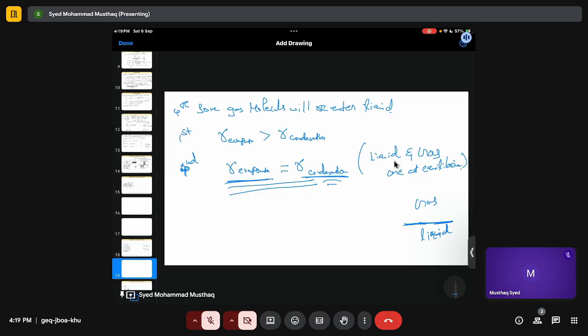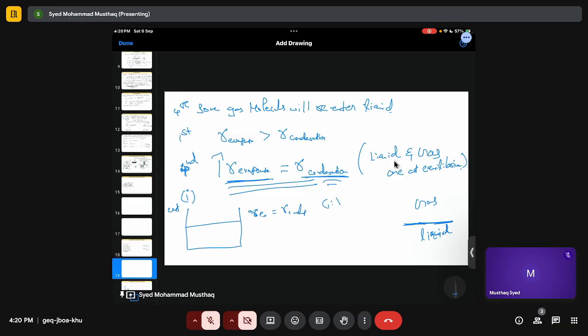If evaporation starts dominating, then let's say this is my container. At 1, R evaporation will equal R condensation.